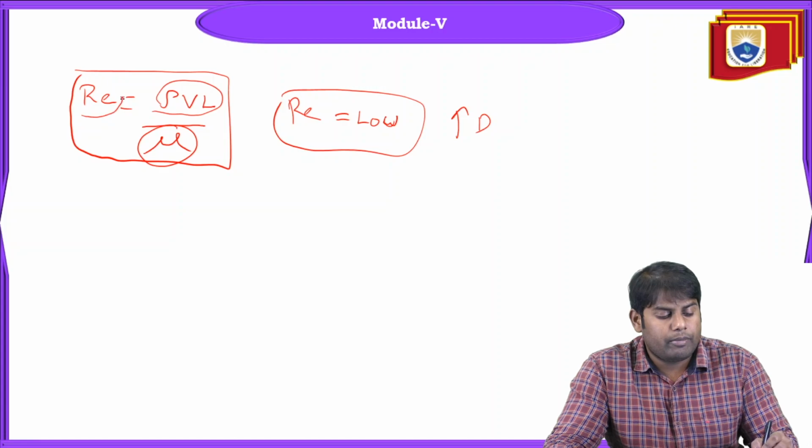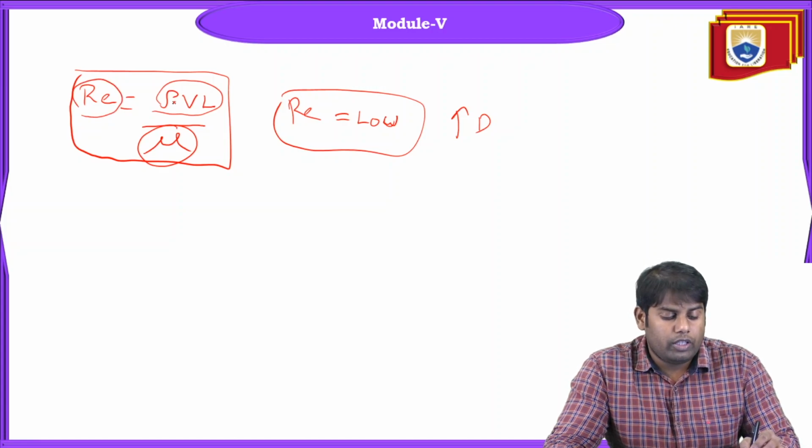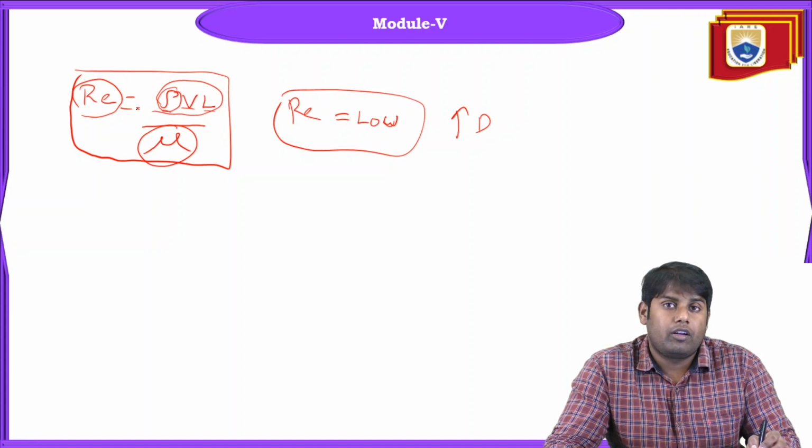The Reynolds number can be low in several ways: in the numerator you have density, velocity and reference length. If you have a very low density fluid, the Reynolds number can be low. If you have a very low velocity fluid, it can be low. If you have a low reference length, it can be low.